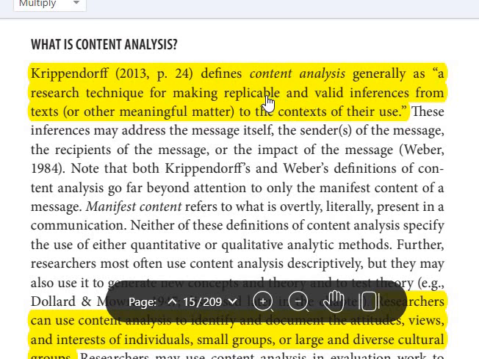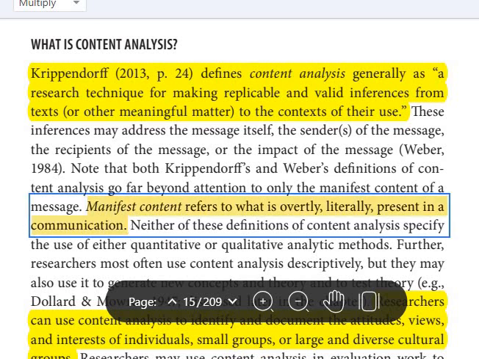The main objective is making replicable and valid inferences from texts to the contexts of their use. Here, it also talks about the manifest content. What do we mean by the manifest content?